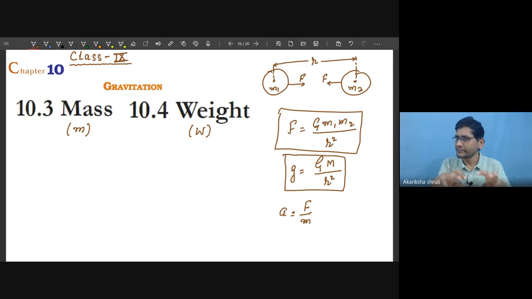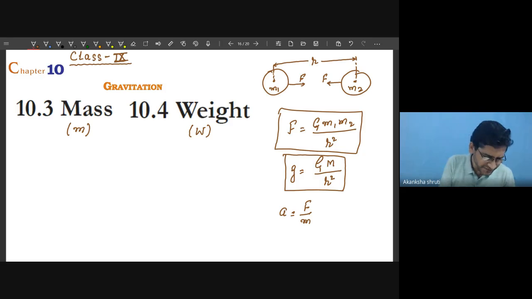But the weight is earth pull. Weight is earth pull, means this pull or push is called as what? Force. Means weight is a kind of force. The force with which a mass is attracted by the earth is called weight. It's so simple. So there is a vital difference between mass and weight.